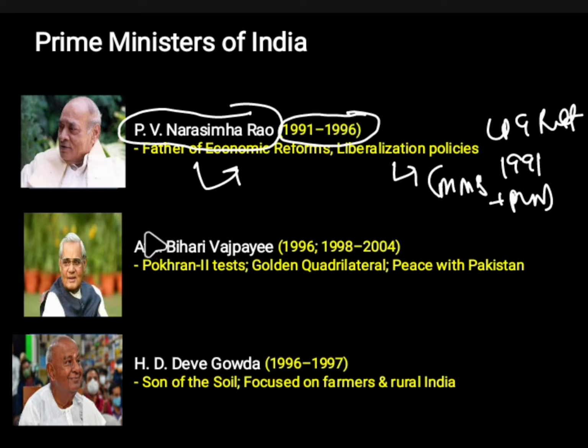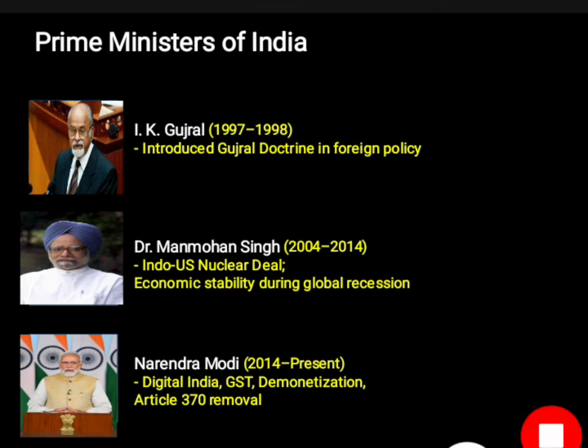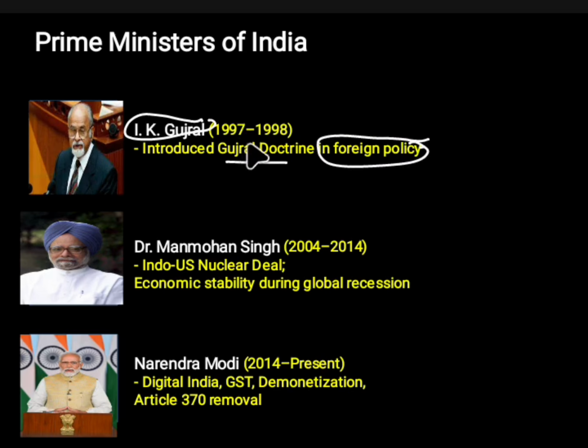After then, Atal Bihari Vajpayee in the year 1996, and he also served as Prime Minister from 1998 to 2004. So 96 to 97, H.D. Deve Gowda served as Indian Prime Minister. And after then, I.K. Gujral introduced the Gujral Doctrine in foreign policy, relevant till today. So from 98 to 2004, Atal Bihari Vajpayee.